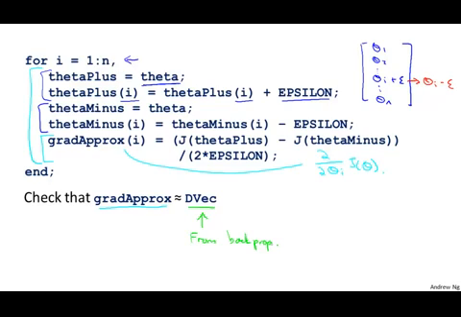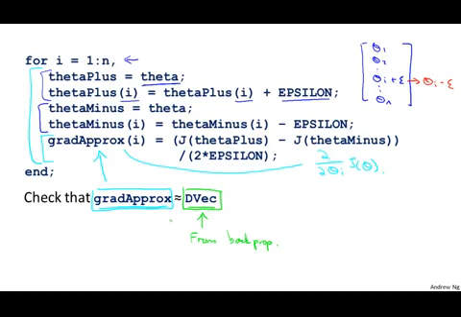And what I usually do is then take my numerically computed derivative, that is this gradApprox that we just had from up here, and make sure that it is equal, or approximately equal, up to small values of numerical roundoff, that is pretty close to the DVec that I got from backprop.